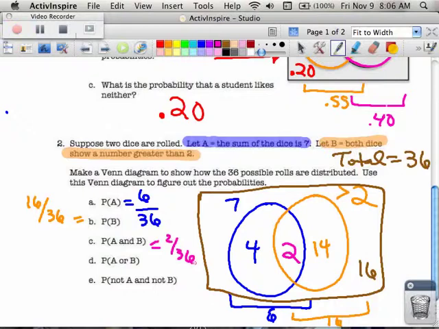And then the letter D says, hey, what about if I don't really care which circle it comes out of? It could be either circle. So this one is equal to 20 things out of the 36 things. If I can pick from either the blue or the orange circle.